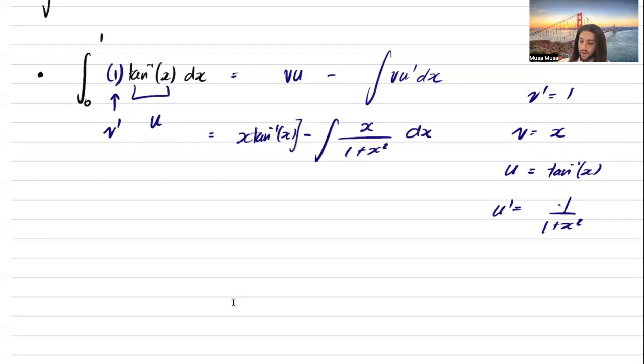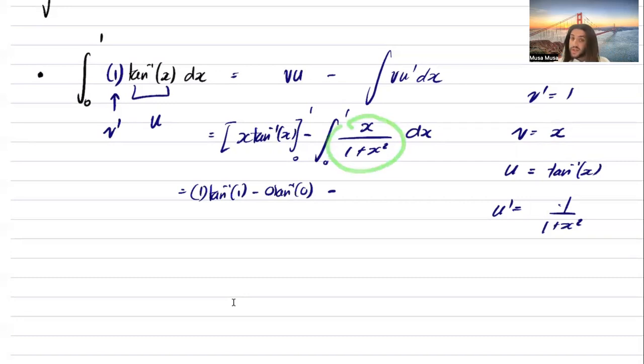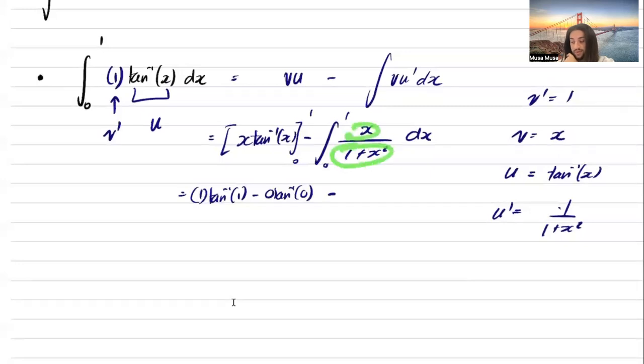And of course, these have bounds, don't they? 0 to 1. Let's solve. So this is going to be 1 tan inverse of 1 minus 0 tan inverse of 0 minus, and then this integral. Well, if you look at this, it almost seems like you have the derivative. So you have this, and then you almost have its derivative on the top.